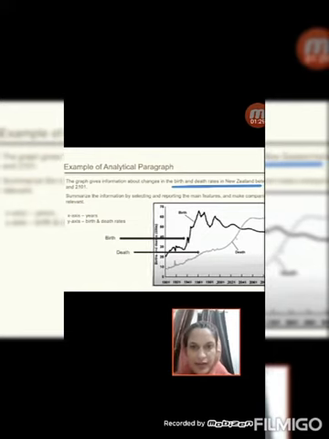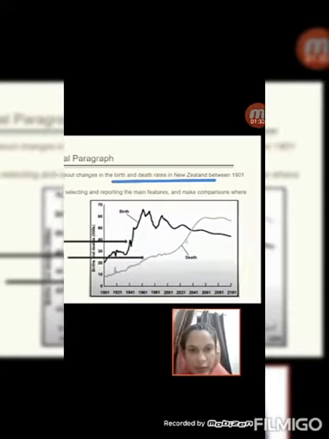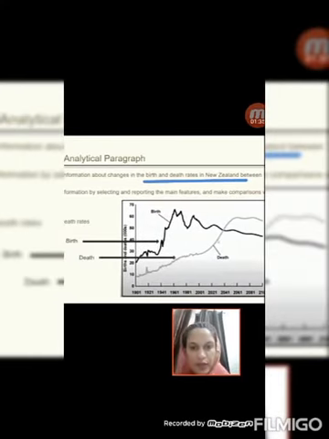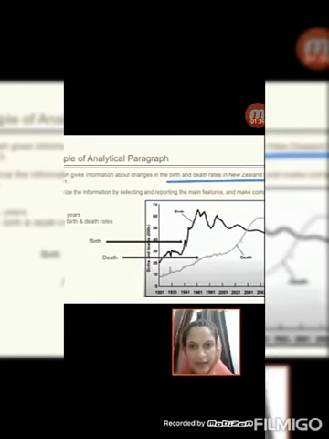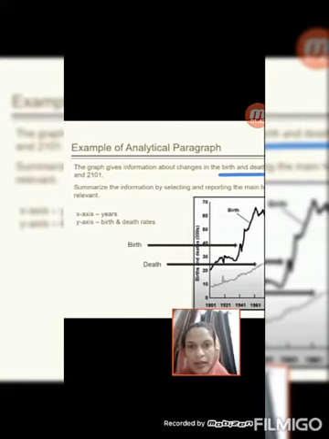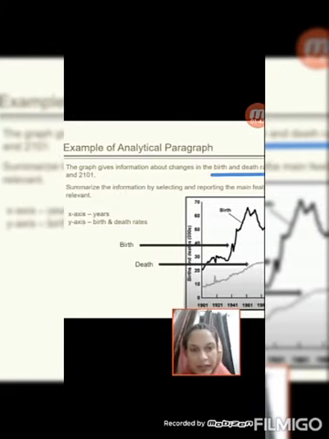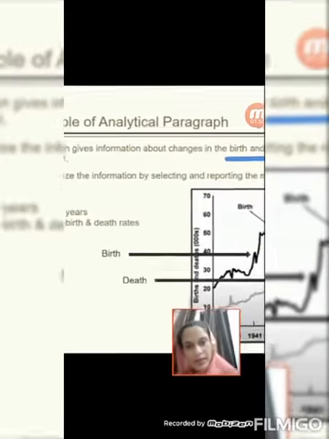Here the x-axis shows the years 1901 to 2001. The x-axis talks about the years, and the y-axis is telling about the birth and death rates. Like in 1901 they have shown 10,000. 10 does not mean 10, 10 means 10,000.